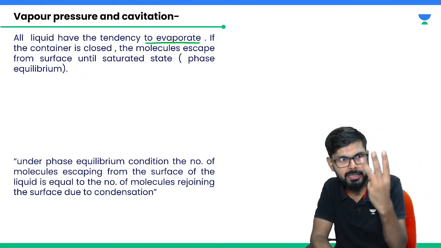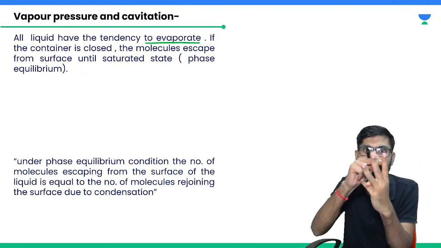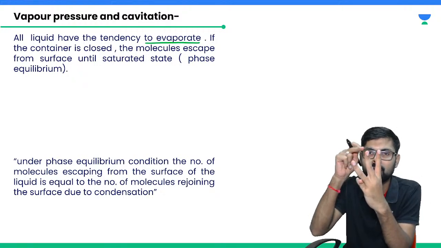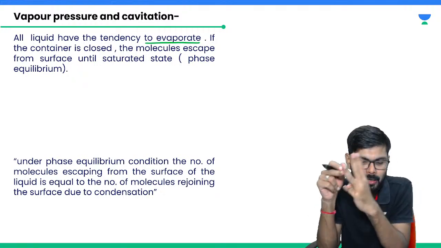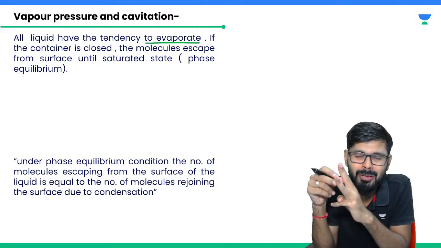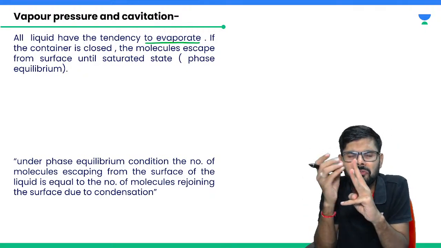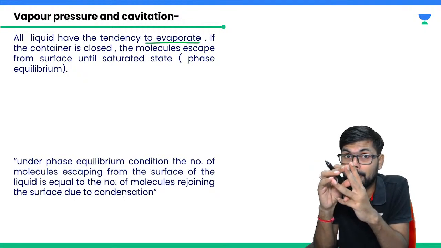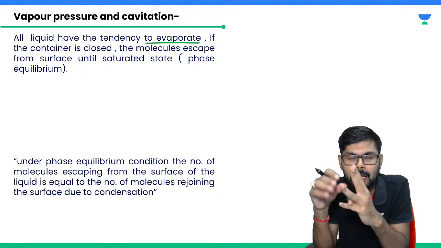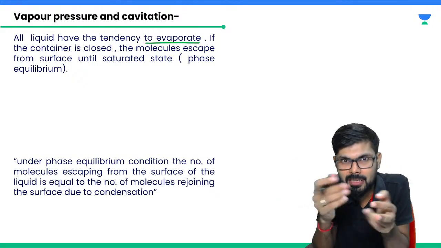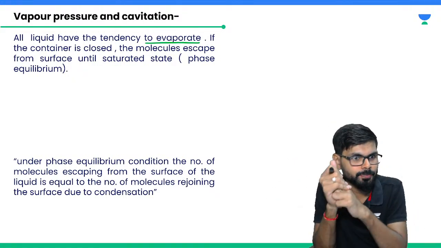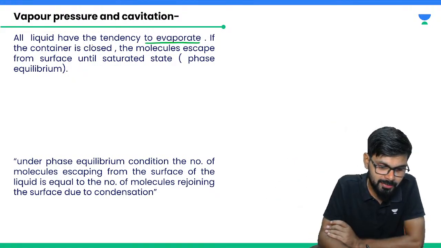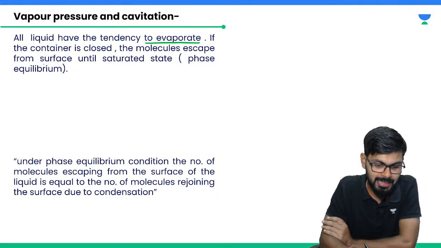Suppose you have three liquids: petrol, water, and mercury. Mercury will also evaporate, but it will be very slow. Water evaporation will be somewhat more, and petrol evaporation will be faster compared to all these three. Clear? Now, all liquids have a tendency to evaporate if the container is closed.